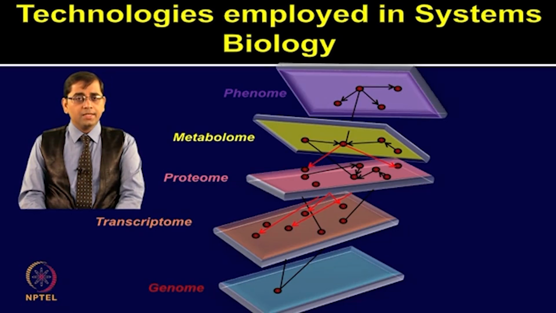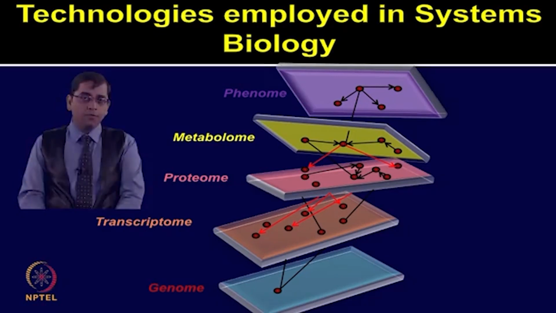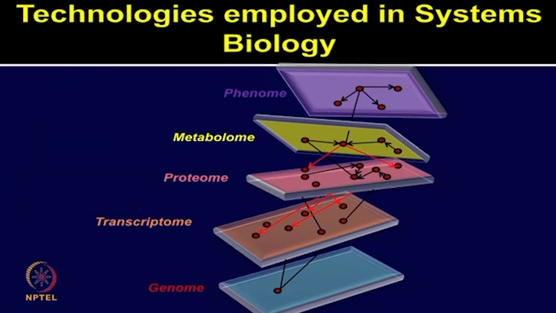For the proteome, we have discussed many methodologies. The metabolome could be studied using either NMR or mass spec, and in the phenome, images are studied using the NMR method. Each level of these omic technologies could be useful for studying systems biology.